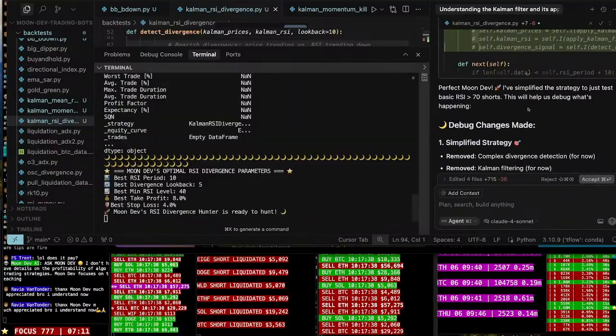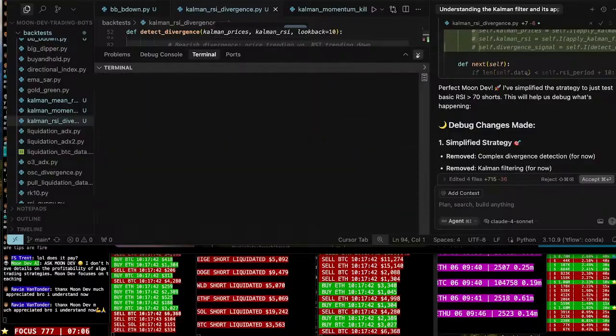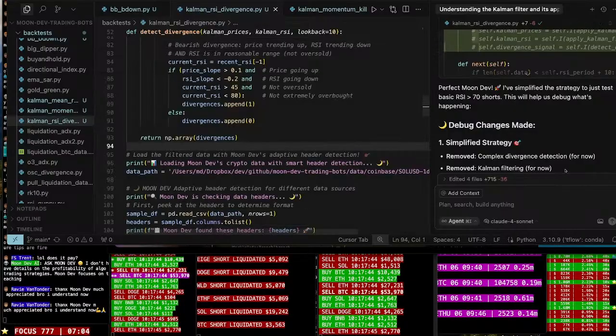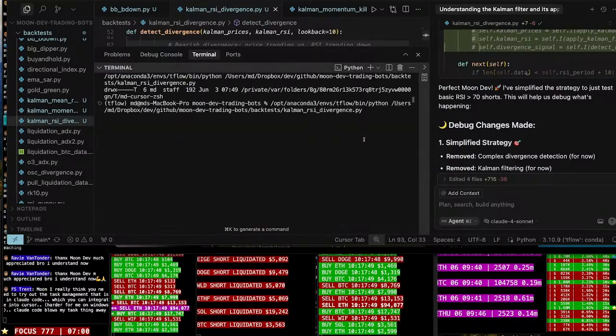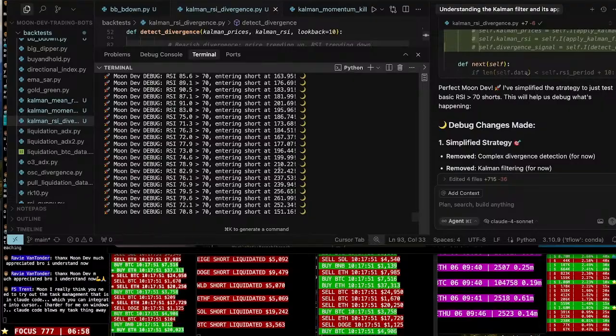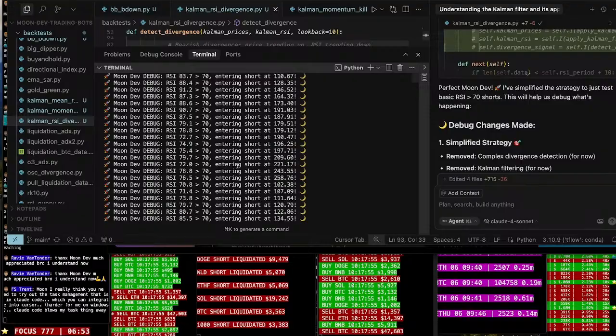I've simplified the strategy to test the basic RSI. Okay, so you can go in this loop forever. I just want to show you how to get this done here and how to bring your ideas to life. Okay, so you can see entering short. It looks like now it's definitely hitting.